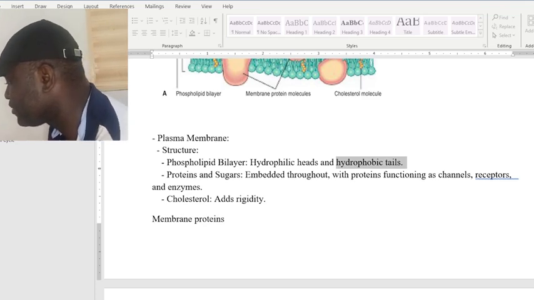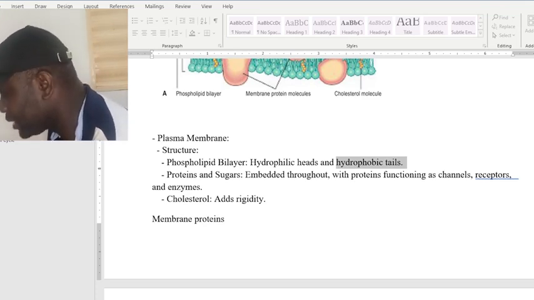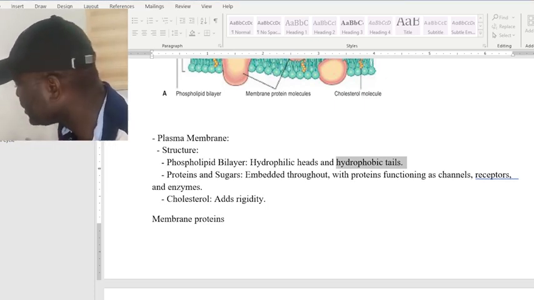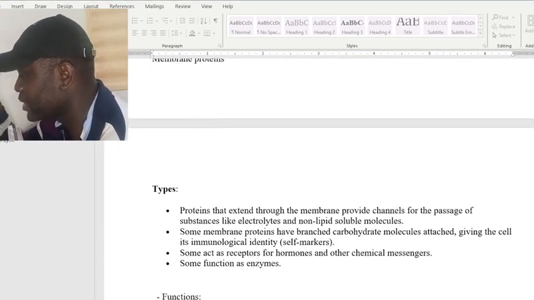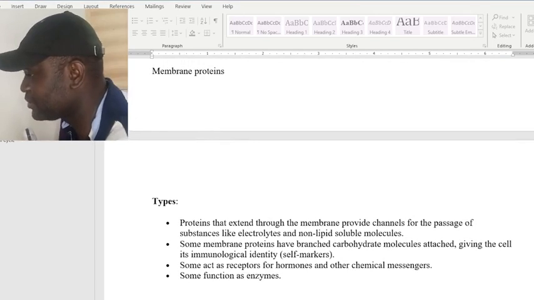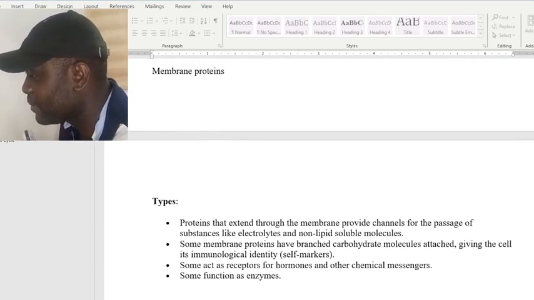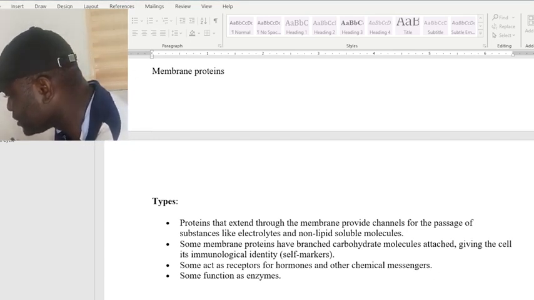So let's talk about the functions of the proteins that are found embedded in the plasma membrane. There are some proteins that extend through the membrane, meaning that the protein starts from the outer part of the membrane to the inner part. Take a look at this protein I'm pointing the cursor on.